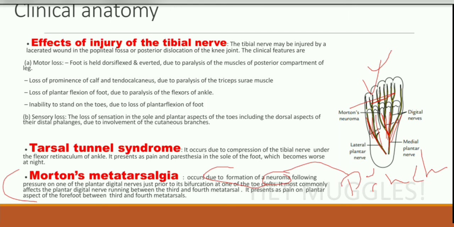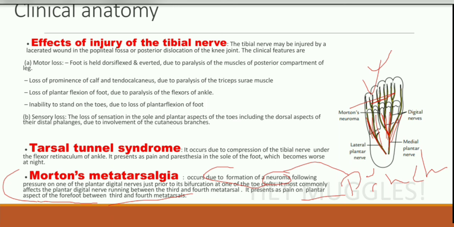And the patient presents with pain on the plantar aspect of the forefoot between the third and fourth metatarsal, right? Plantar aspect means the aspect of the foot that is facing the ground.